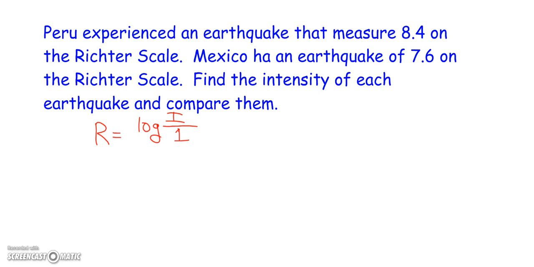So let's do Peru first. Peru, we know, had a Richter score of 8.4, which is equal to the log of I. And the question is, how can I solve for I? Well, because it's a log, I know the base is 10.